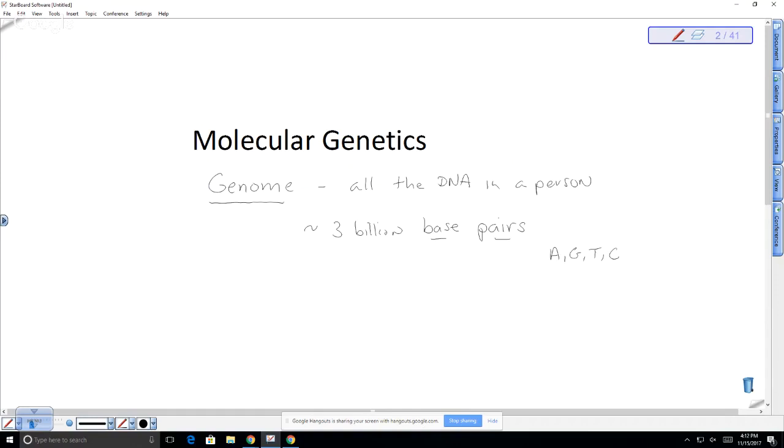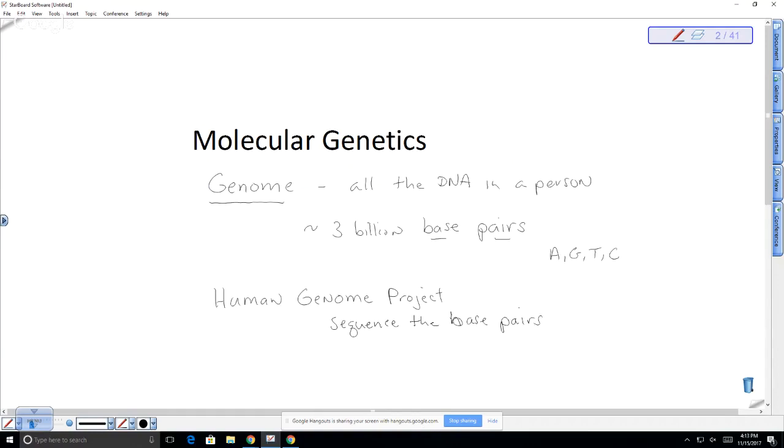So when we looked at the Human Genome Project, which was finished in the early 2000s, we were able to sequence the base pairs.